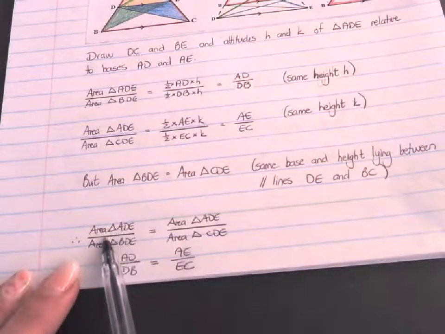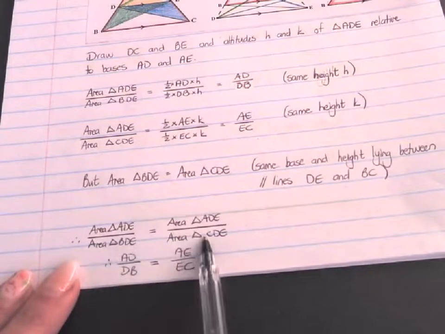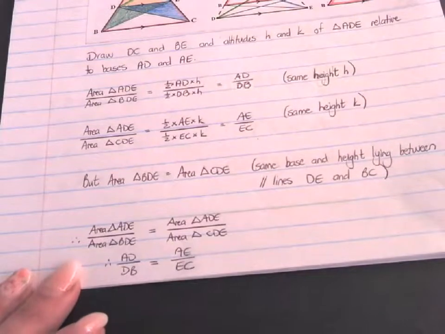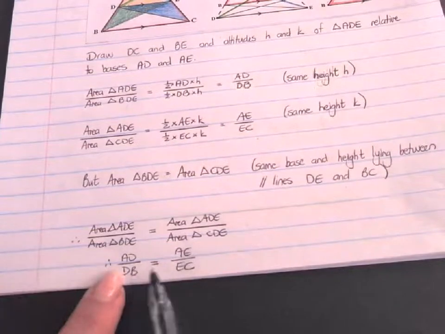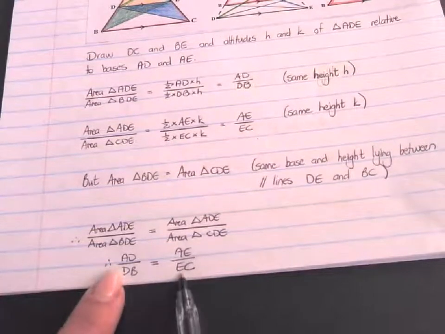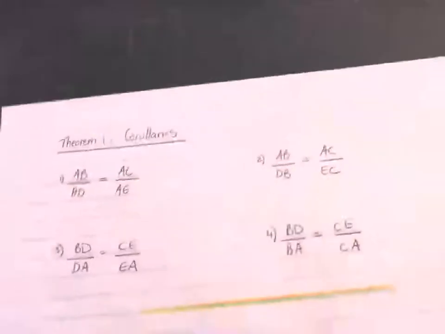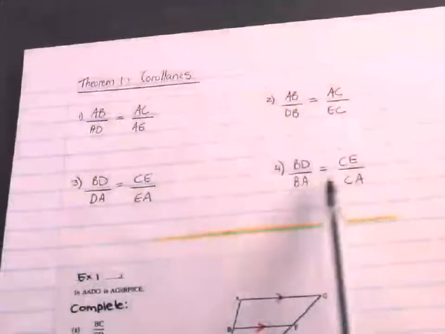So if you compare the areas with each other, it's equal because they lie between parallel lines. Then these two answers will also be the same. And you can conclude that these proportions will also be the same.